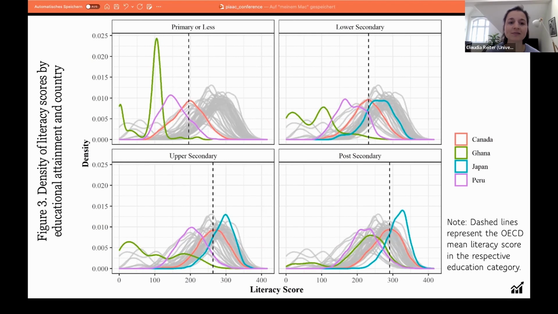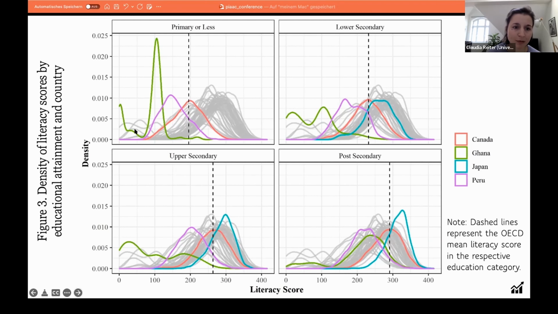You can see quite clearly that people with the same educational attainment still have very, very different literacy skills, which supports my hypothesis that it's maybe not enough to just look at the formal education when we're doing population analysis.